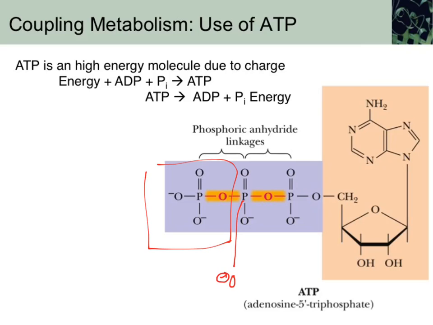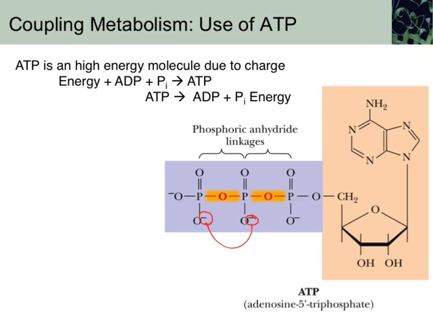So what then comes out of this is, why is that a high energy bond? Well, what happens when I bring a negative near a negative? It repels. Now that I've got this bond in there, it can't repel. What does it want to do? Break off as quickly as it can.